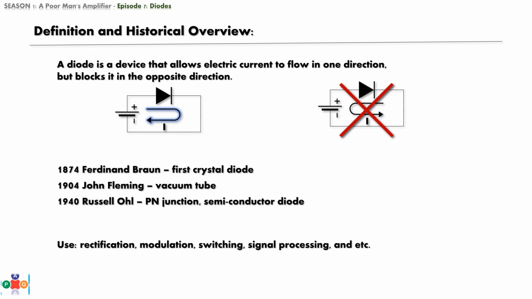This junction, called a PN junction, had similar properties to a crystal rectifier, but with better performance and reliability. The first semiconductor diode was made by Russell Ohl in 1940, at Bell Labs. Diodes are now widely used in electronics for rectification, modulation, switching, signal processing, and more.